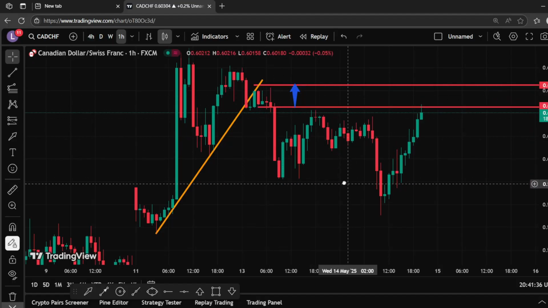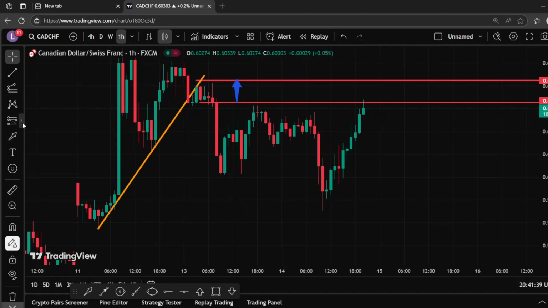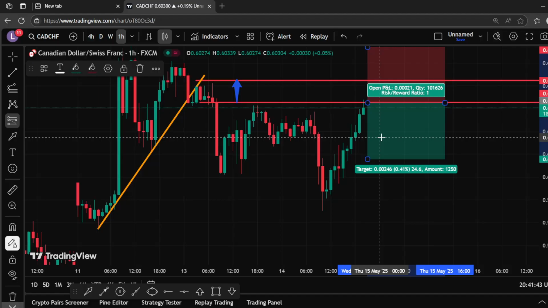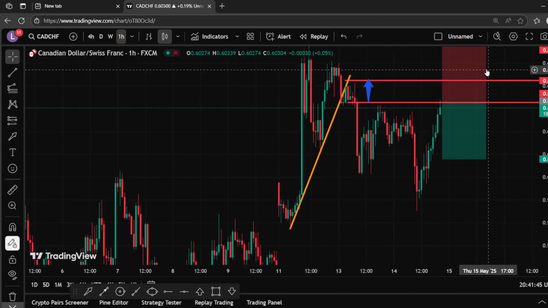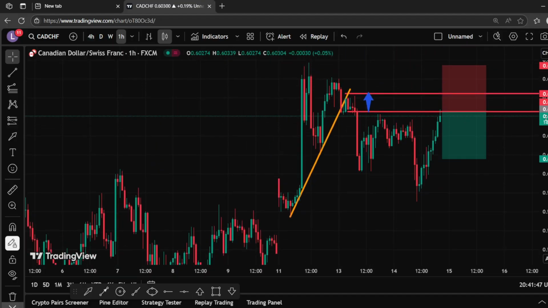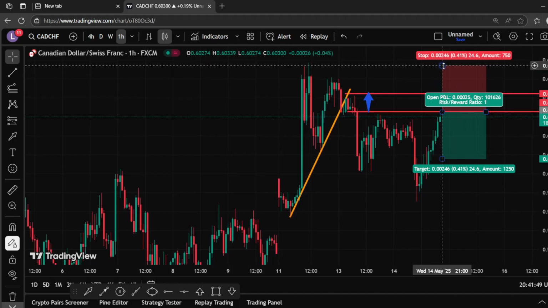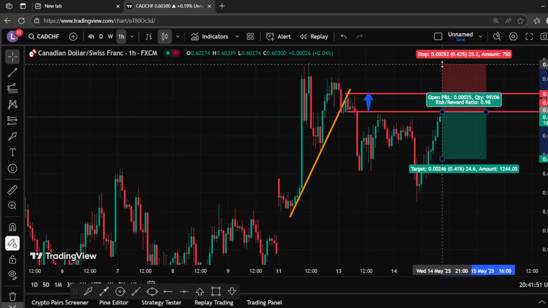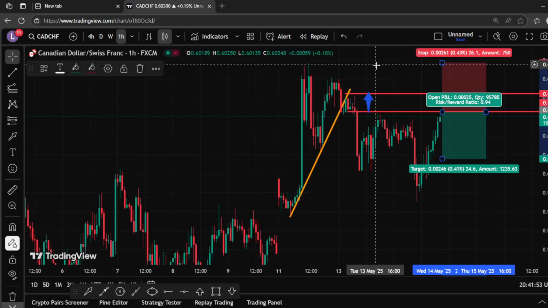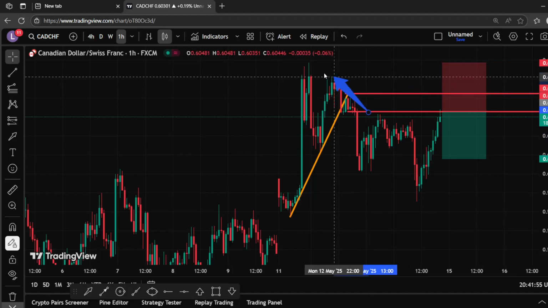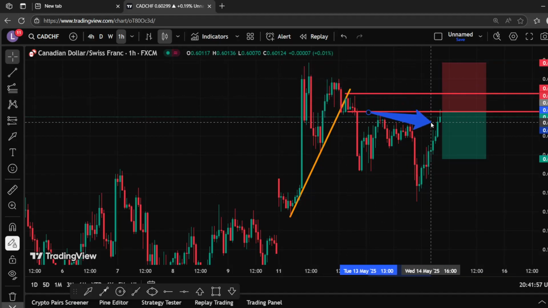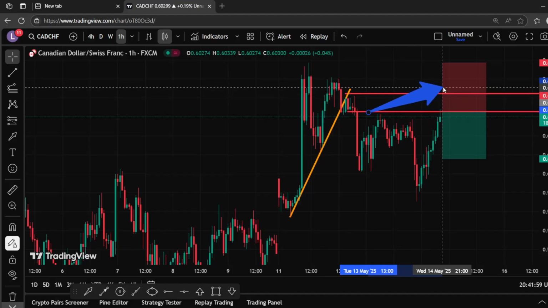All right, so I've gone short right here just before I started the video. I've decided to put my stop loss above this high, just in case they decide to run this demand zone.